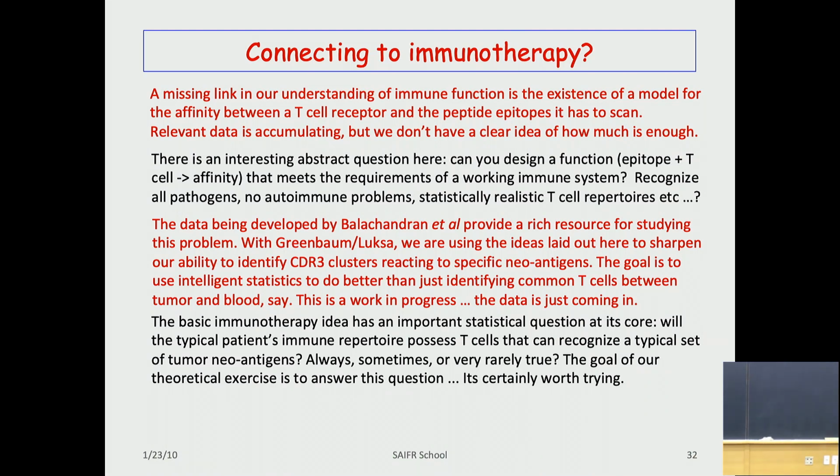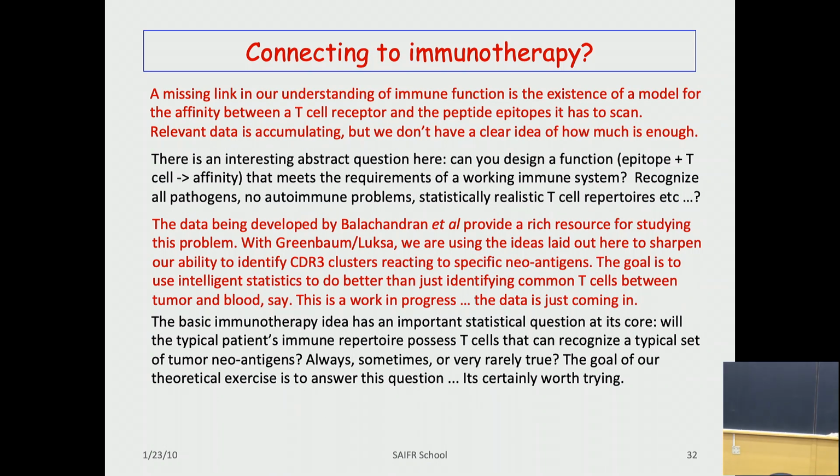What's going on? Well, there's a statistical question there. For the immunotherapy to work, the patient's immune system has to have the right set of T-cell receptors to respond to the mutations that are responsible for the cancer, or mutations in the cancer cell. Whether or not that's something that will generically be true depends on the statistics of the mutations, the statistics of the T cell, the statistics of how mutated peptides and T cells interact with one another.